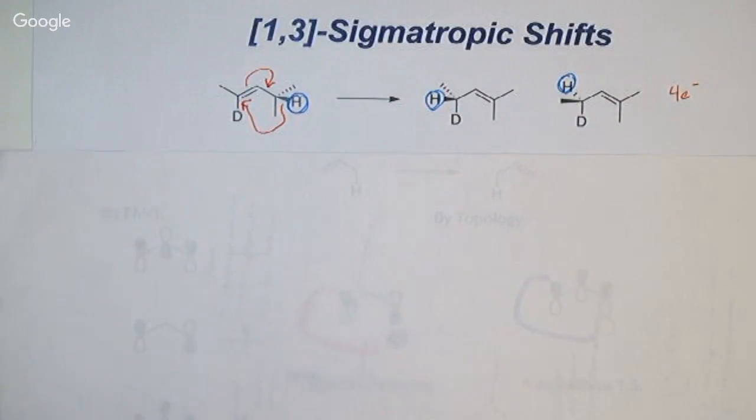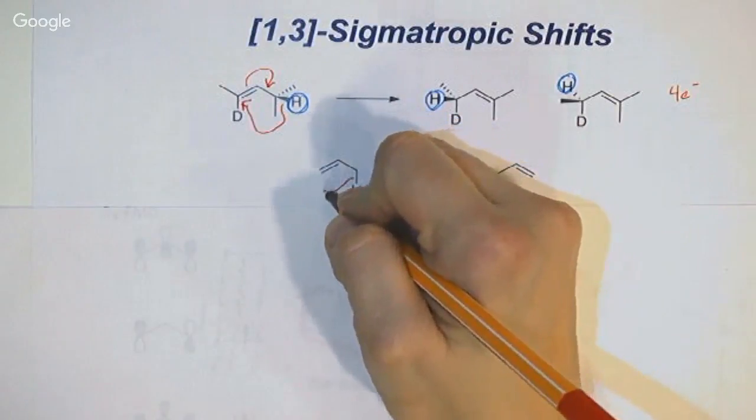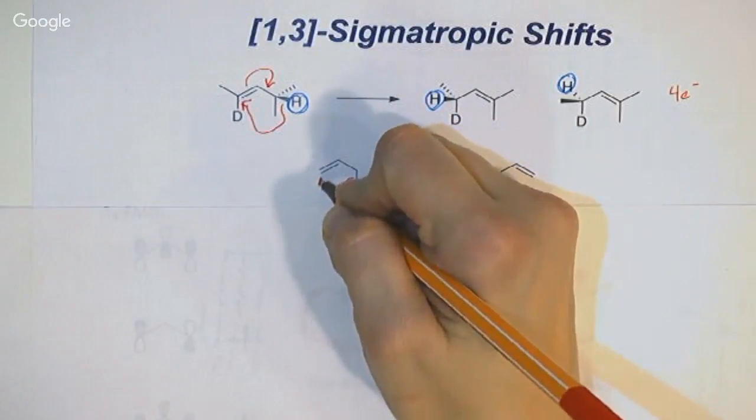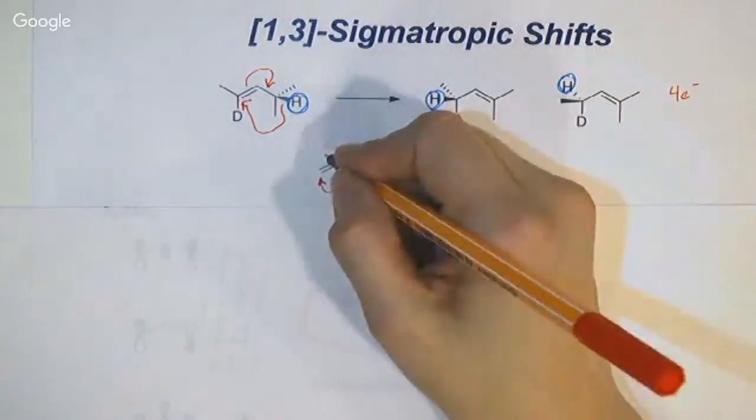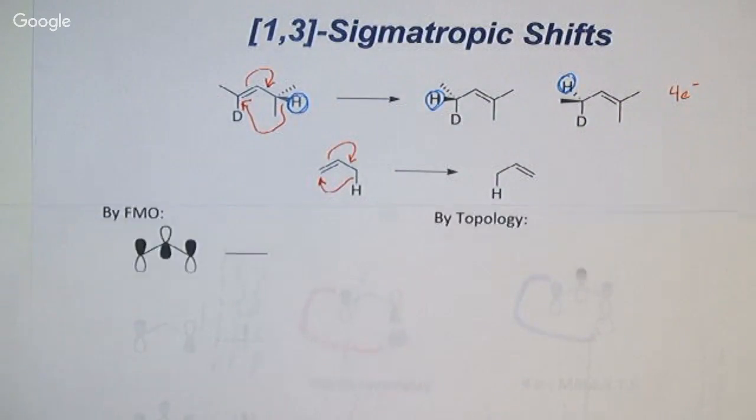We can simplify this by taking propene and doing the same idea: we could move this sigma bond over, thus calling it a sigmatropic shift, and then move the corresponding pi bond. All right, so 4 electrons.